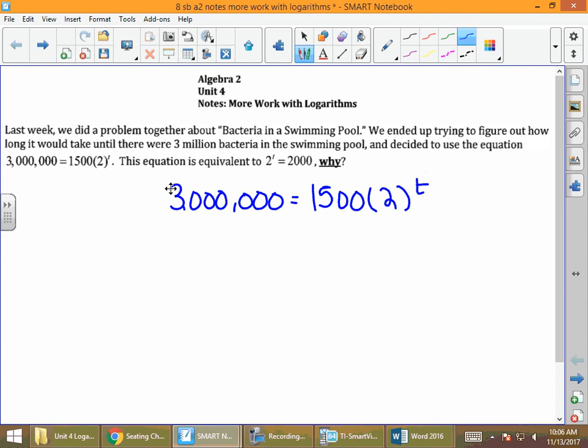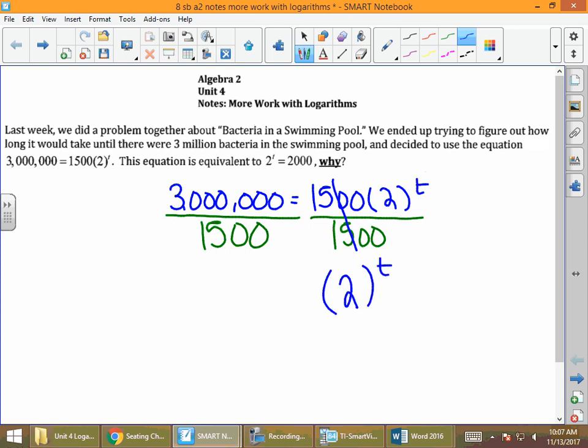And we left it in that format, but we could have written this a little bit simpler. We could have written it as 2 to the t equals 2,000. Do you know how we could possibly get it in that format? John? If we divide both sides by 1,500, we'll be able to convert this into the same 2 to the t.